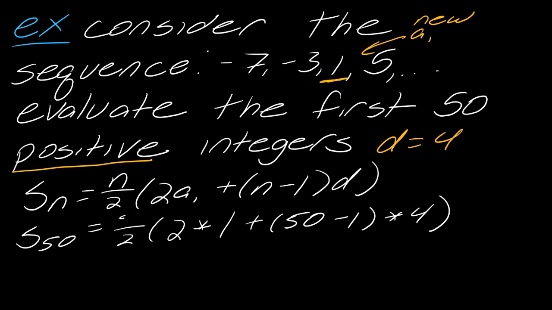Oops, I'm sorry, my n should be 50. So if I evaluate this, this comes out to 4,950. And I will say, if I just asked you to add up 50 integers and you had to go through and figure them all out, you would be probably a little irritated with me. So having these formulas is very handy and sometimes essential, because otherwise you're never going to get a problem like this done.